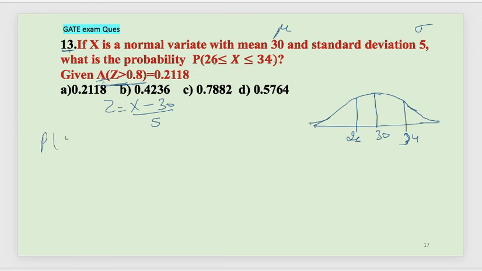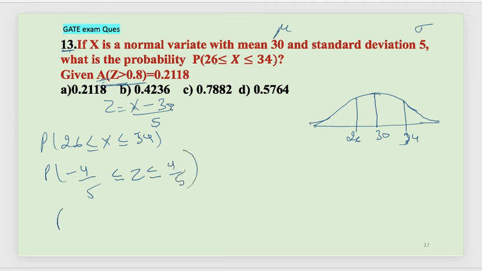When we switch from 26 to 34, I'm directly subtracting: 26 minus 30 is minus 4, divided by 5, less than or equal to (x minus 30) divided by 5, which converts into z. 34 minus 30 will give me 4 by 5.